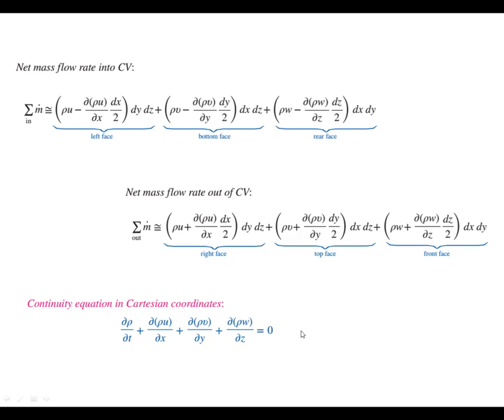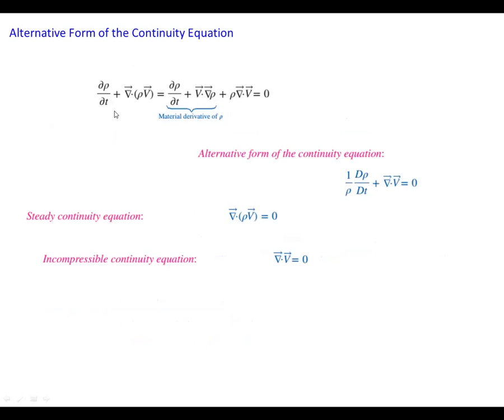The alternative form can be written in terms of the del operator, that is the material derivative: dou rho by dou t plus del dot rho v vector equals dou rho by dou t plus v vector dot del rho plus rho del dot v vector. So simply, the continuity equation is represented by 1 by rho d rho by dt plus del dot v vector equal to 0.